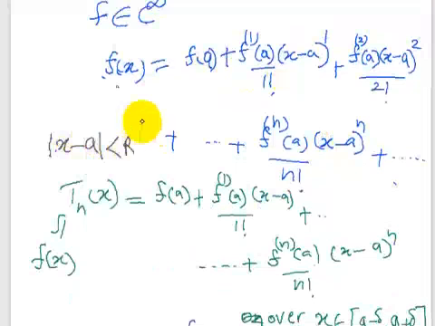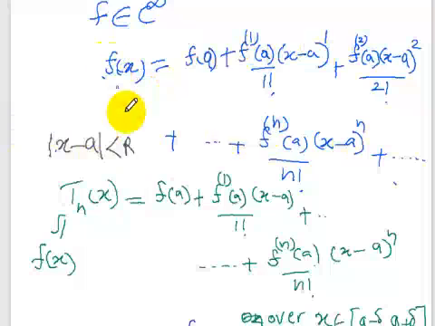Here r is the radius of convergence of this power series, which you can find by using the ratio test. So once r is found, over this interval this power series converges to f of x.